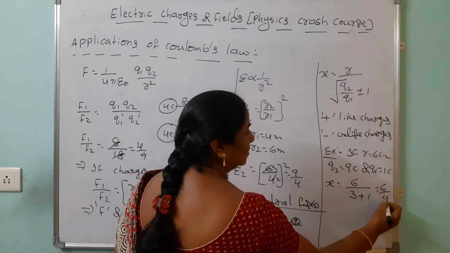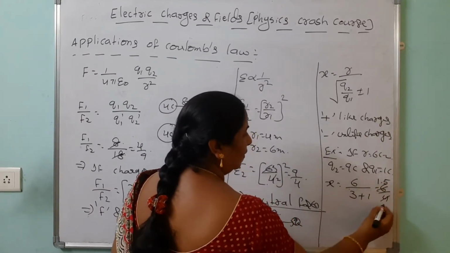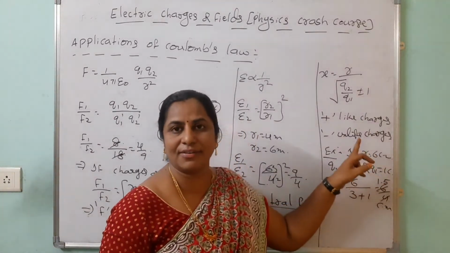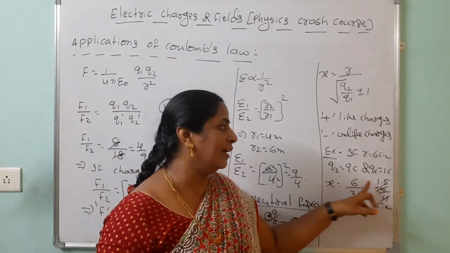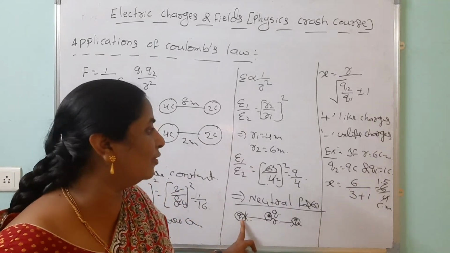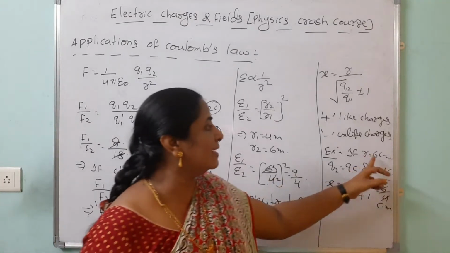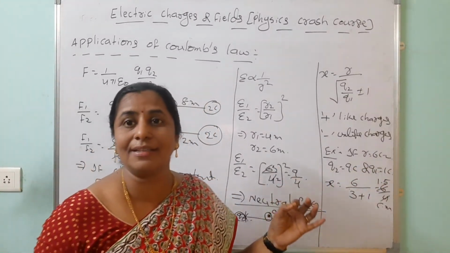So our answer is 6 by 4, which is 1.5 centimeters. The actual distance is 6 centimeters. Because of placing one charge, where do you get the null point? 1.5 centimeters from the smaller charge, from q1. And from the second one you have to do 6 minus 1.5, which is 4.5 centimeters. So it depends on the question.